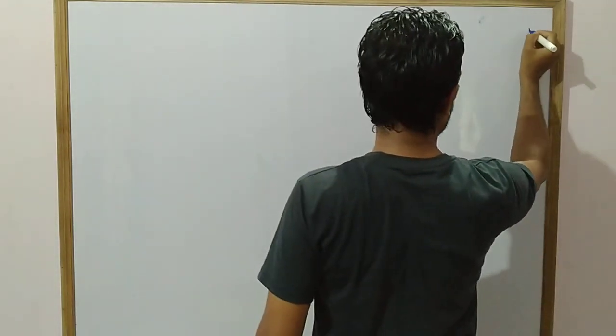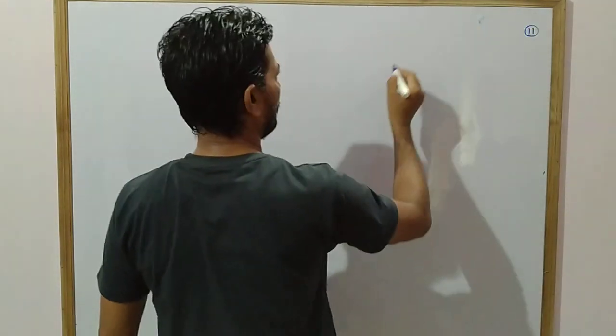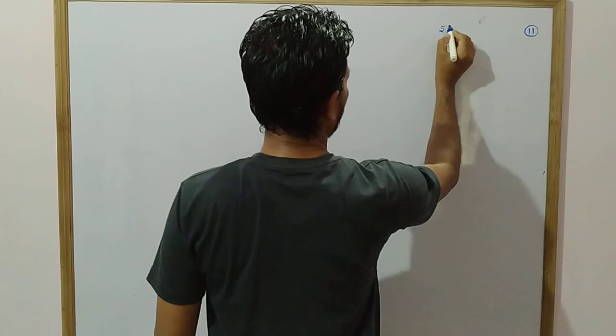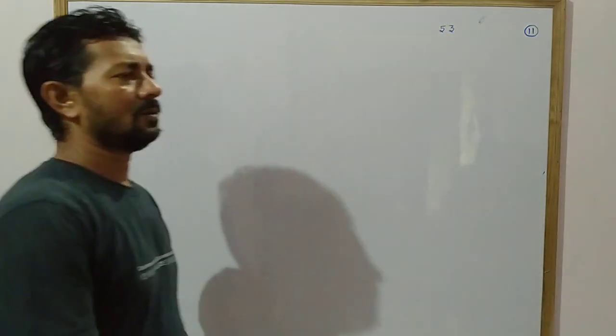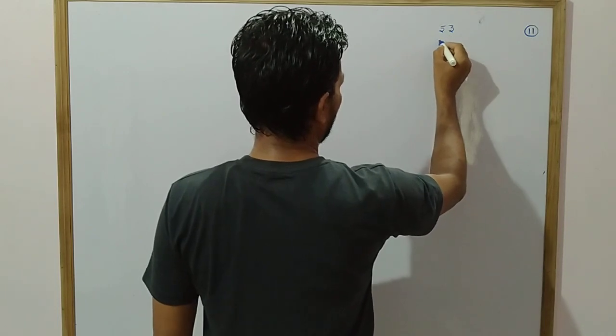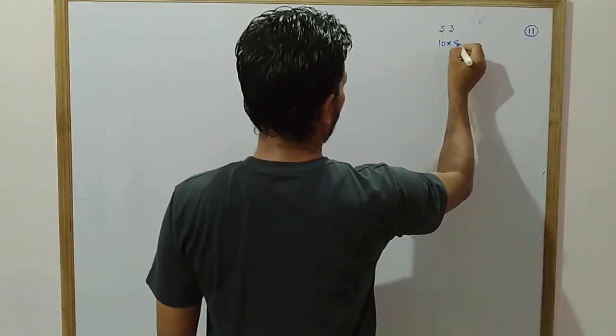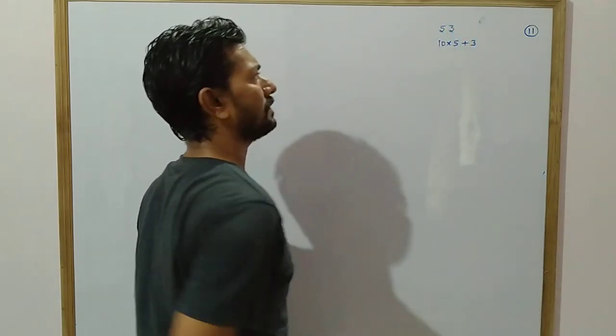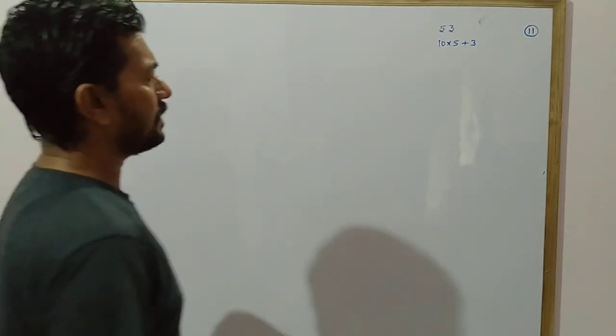Here, a two-digit number contains the bigger digit at tens place. In case of a two-digit number, as for example, 53, this can be written as 10 into 5 plus 3. Okay. Sum of the digits.